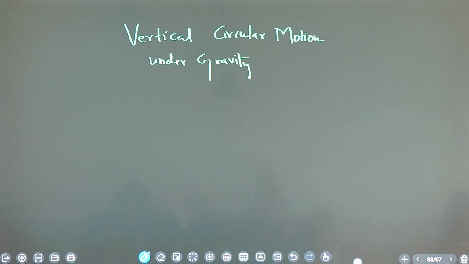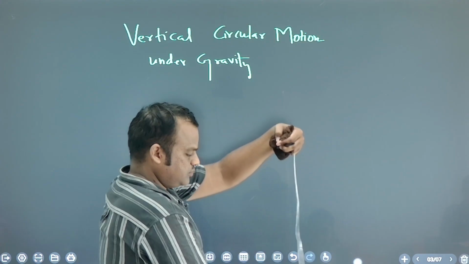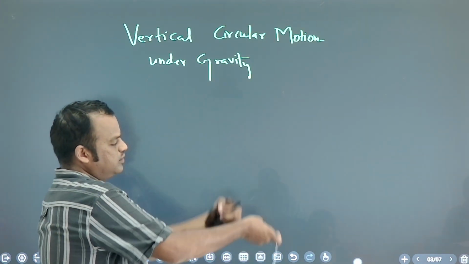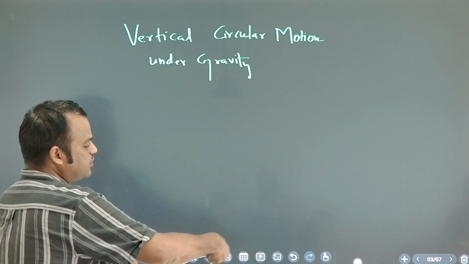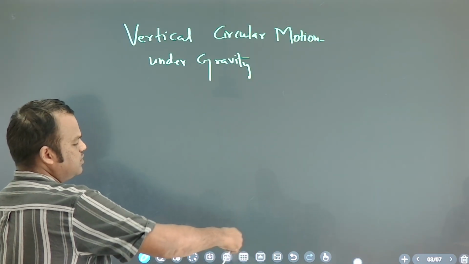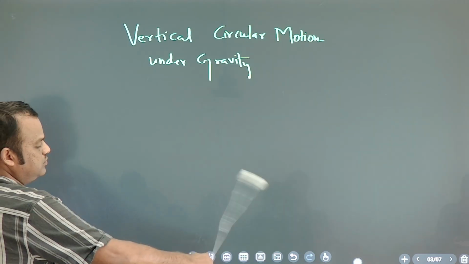So we have circular motion here. What is this? The string, the ball. Now it is like this, a vertical circular motion. Okay, like this.